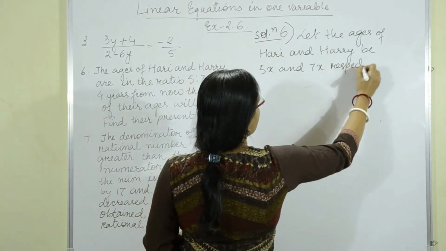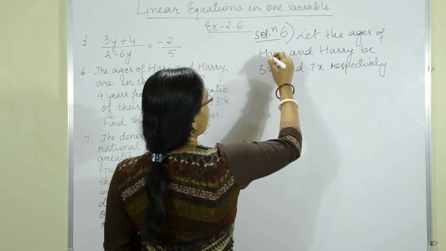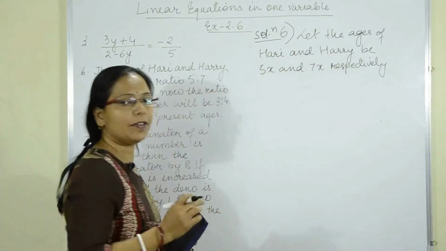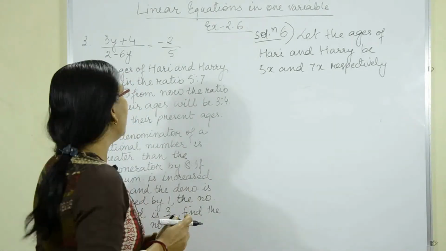I need to write respectively here, which means that the first tallies with the first, the second tallies with the second, and we are not changing them. This is what the word respectively means.